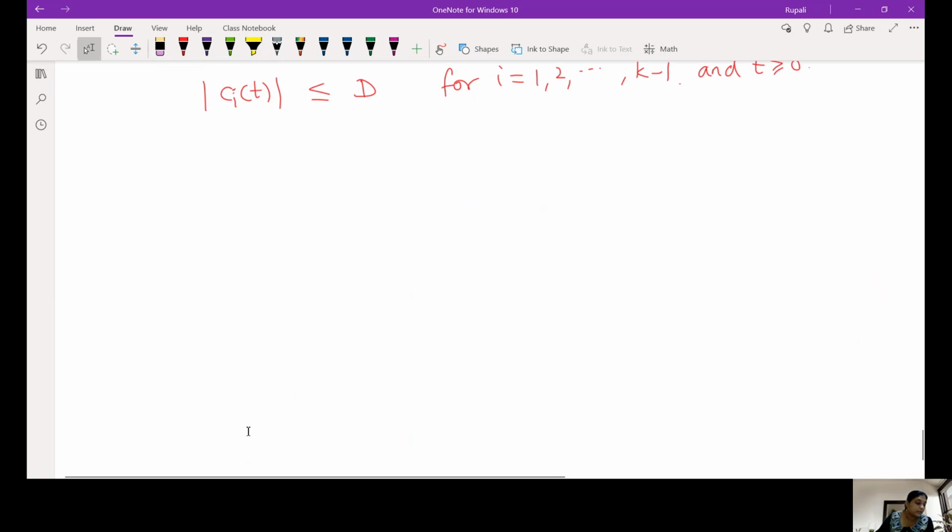Okay, now this is up to k minus 1 eigenvalues. Now for the remaining n minus k eigenvalues, what will happen?